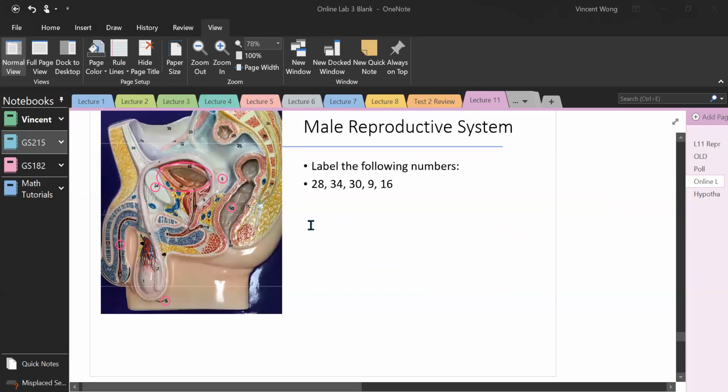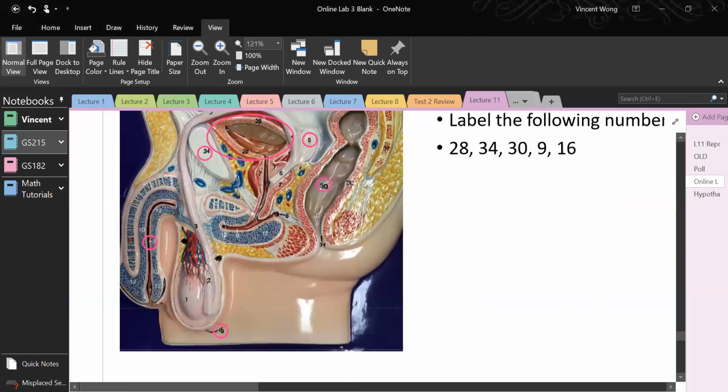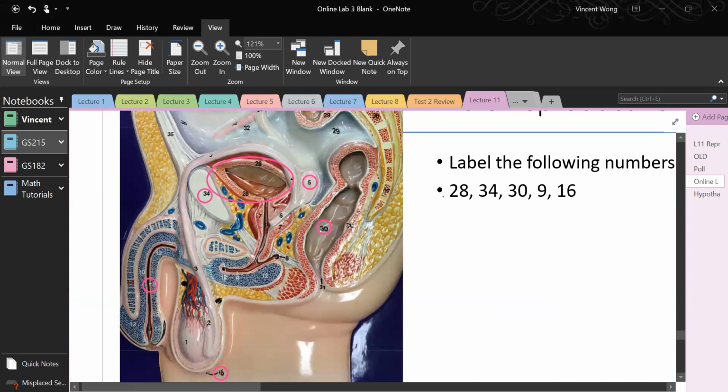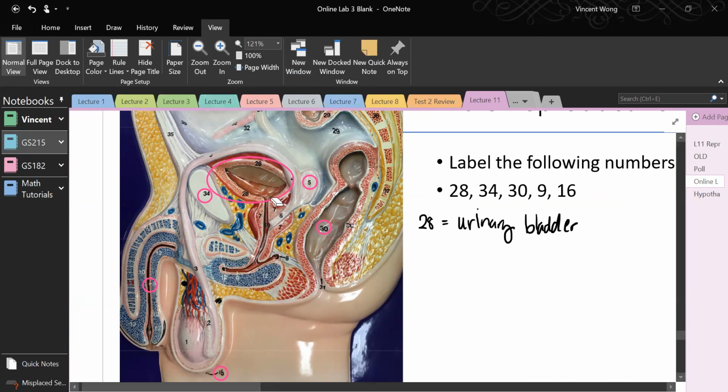Next, we have number 28. It's right here. 28 is the urinary bladder. For people who have an enlarged prostate, that will press on the urinary bladder, and you will feel the urge to go pee more often than you normally would.